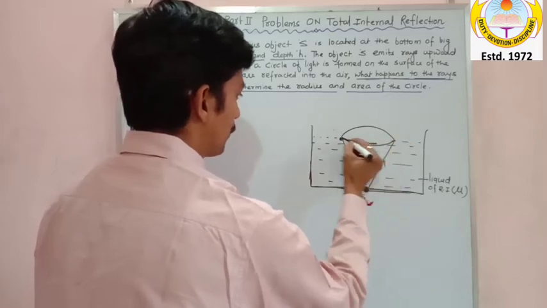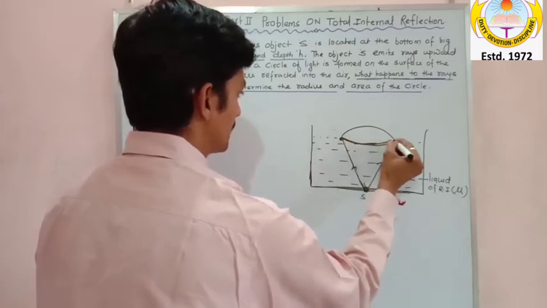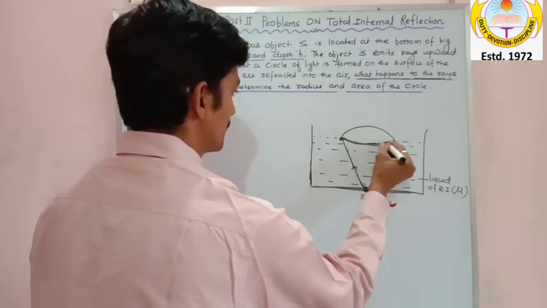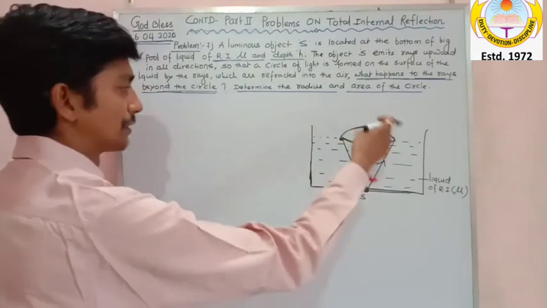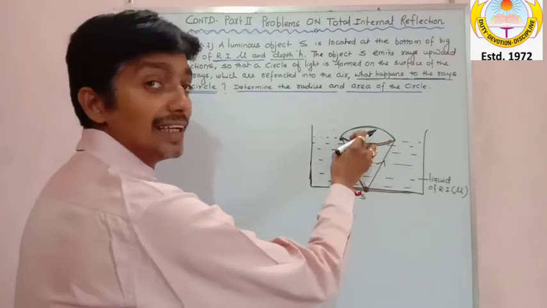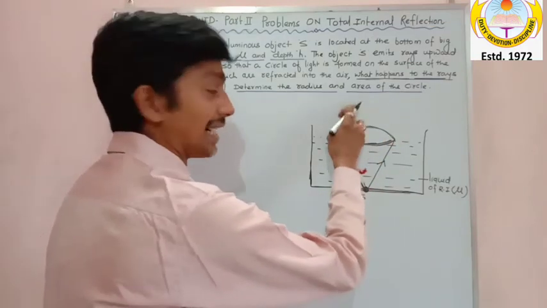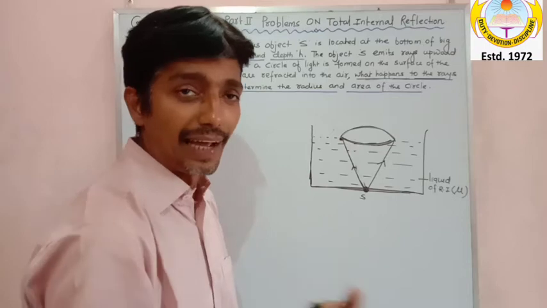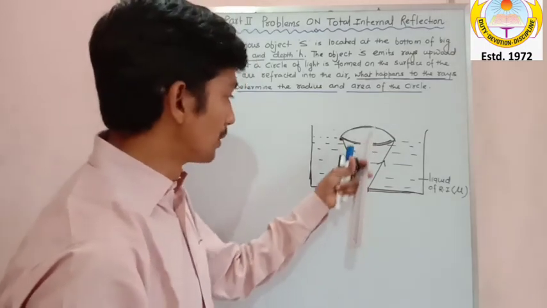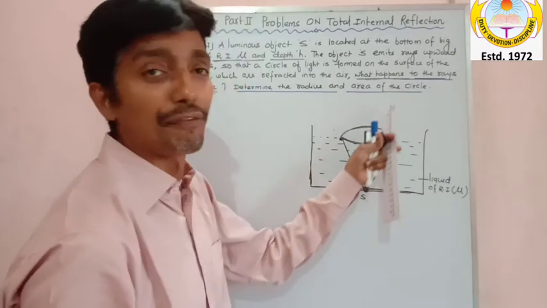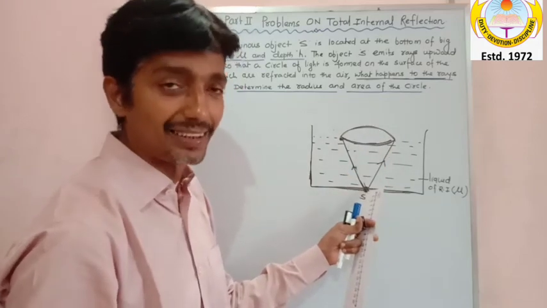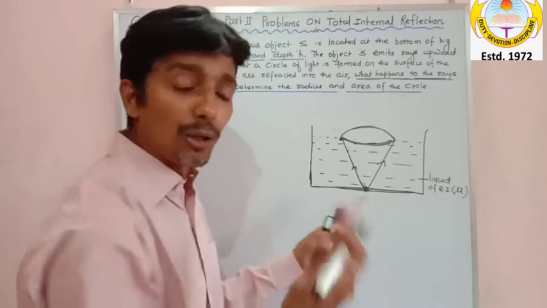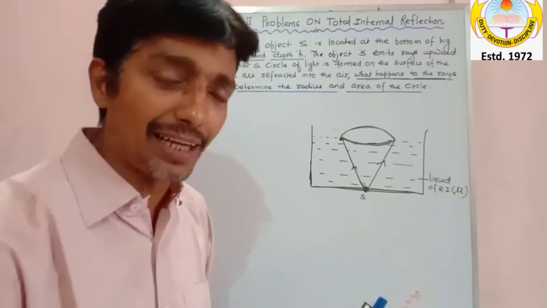On the surface of water you can see the circle formed, and this circle is due to the refracted ray. The circle means that through it the light coming from point S gets refracted before going into total internal reflection.